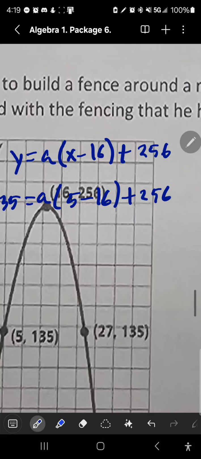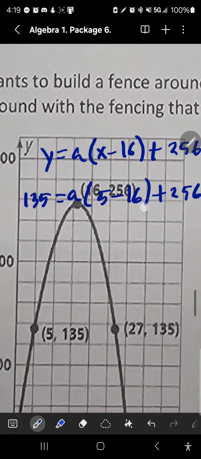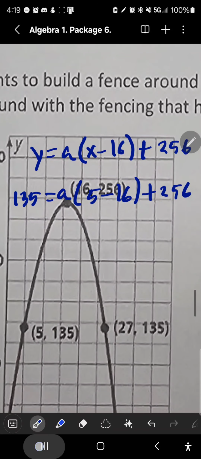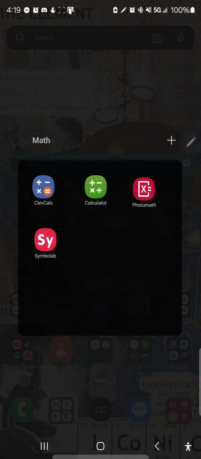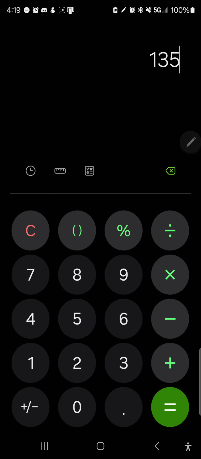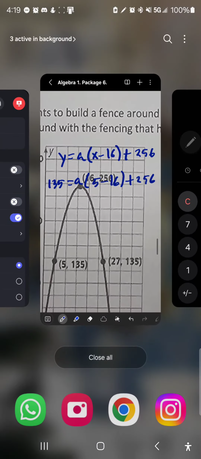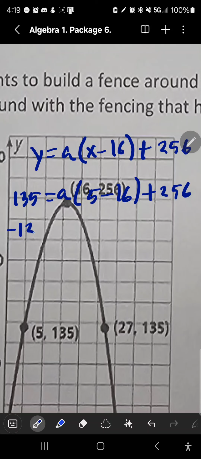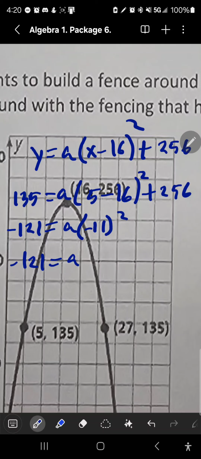I'm going to subtract 256 from both sides, so 135 minus 256, you can use your calculator for that, is negative 121. That's going to be equal a times (5 minus 16) squared. 5 minus 16 is negative 11 squared. So negative 121 is going to be equal a times, and negative 11 squared is just 121.